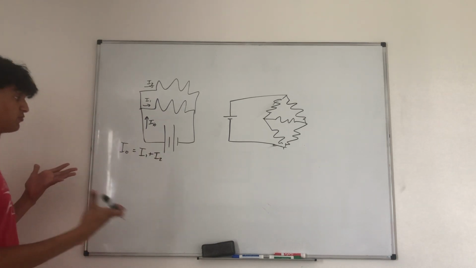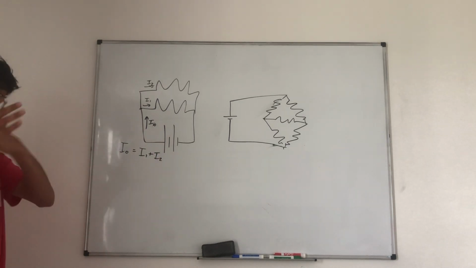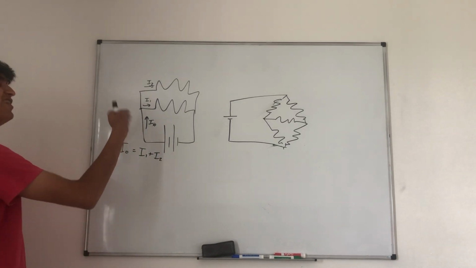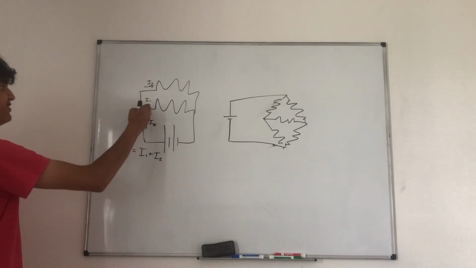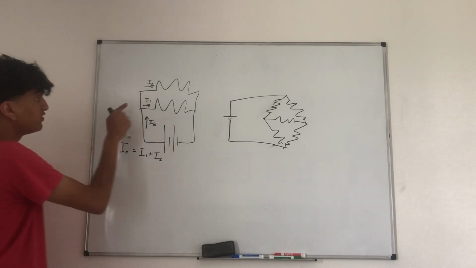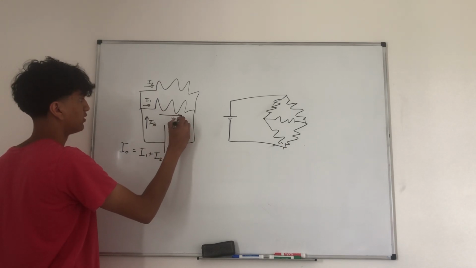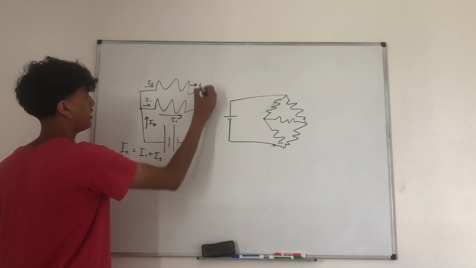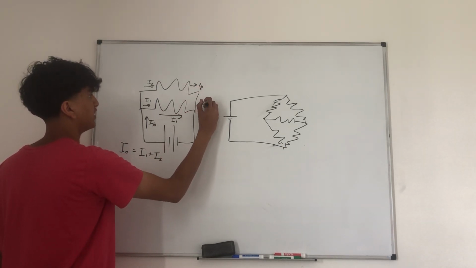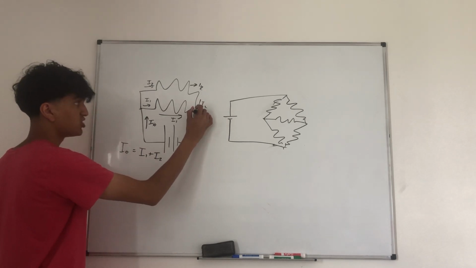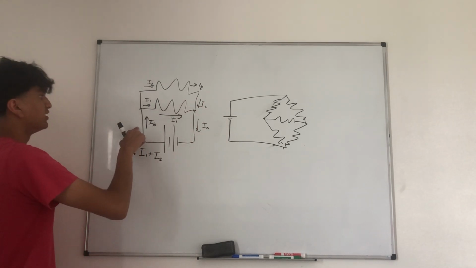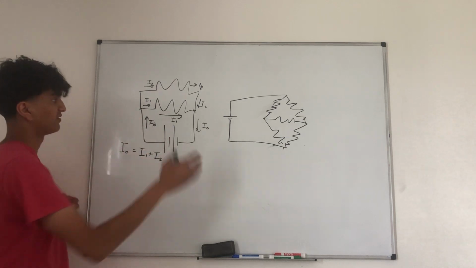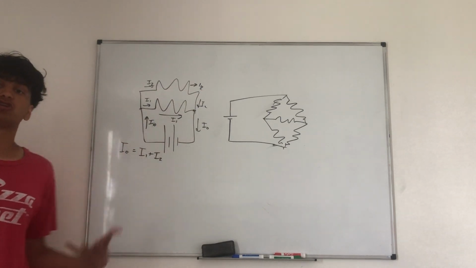That's all the current rule is saying, right? And this makes sense. If you have an original amount of current here, then the total has to equal I1 plus I2. And then when this current gets out, it's going to join back up at this junction, and then the leaving current has to equal I naught. So this I naught did not change in size throughout the whole circuit, that total amount of current.